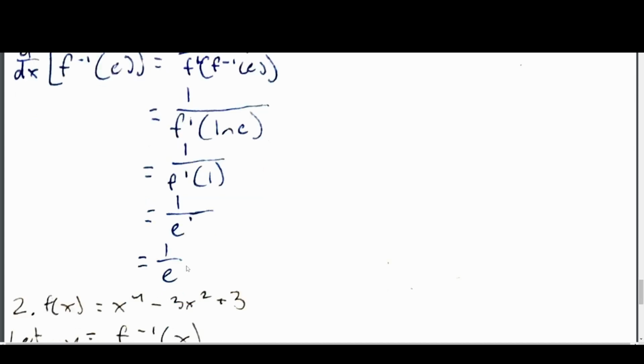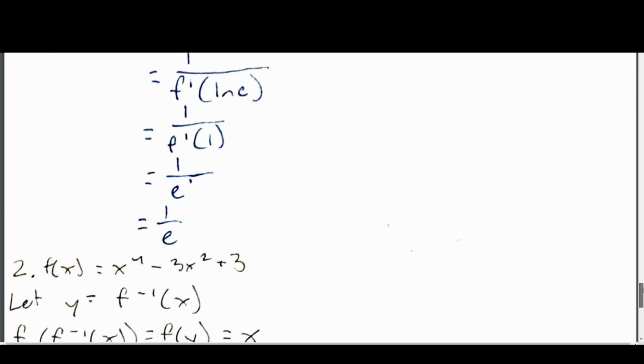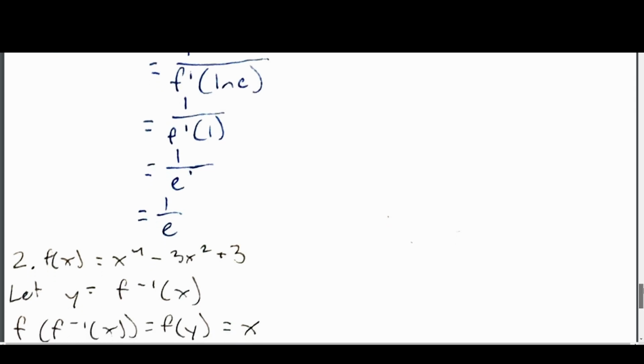For the second one, we want to let y equal the inverse of f of x, and we know from the relationship from the review that f of f inverse of x always equals x. But since we let f inverse of x equal y, we can do f of y equals x instead, which is all equivalent.